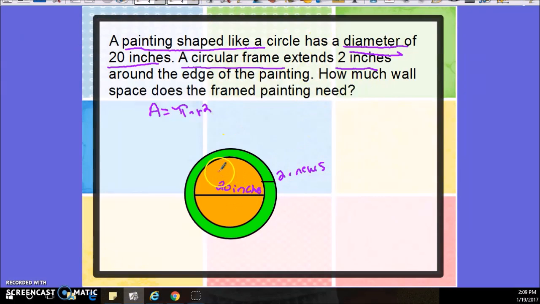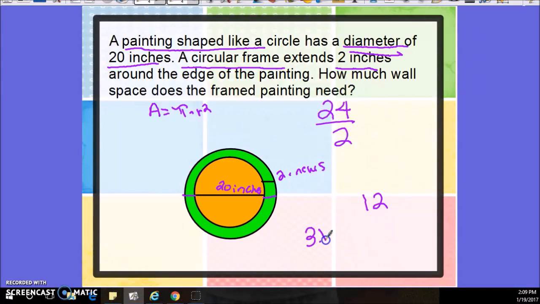So we want to get the diameter of the whole thing. If this extends 2 inches, this has to extend 2 inches, and that'll be a total of 24 inches in diameter, by adding the 2 inches on each side of the picture. Now we divide this by 2 to get our radius, and that will be 12.